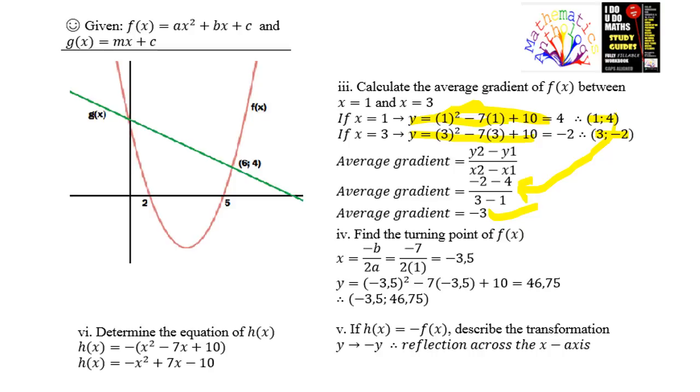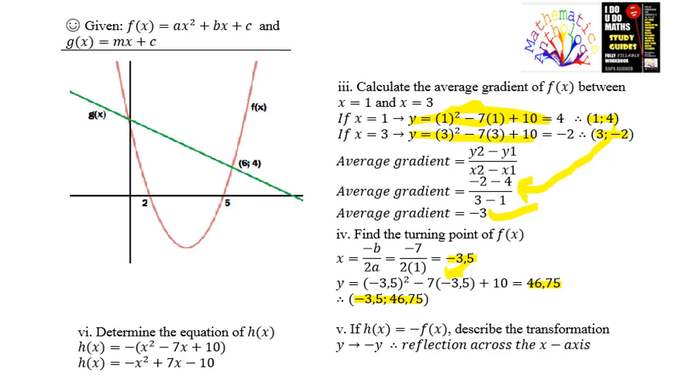So my x works out to be 3,5. I take that 3,5 x value of my turning point, I sub into the original y equation, and I get negative 2,25. So my turning point of f of x is (3,5; negative 2,25).